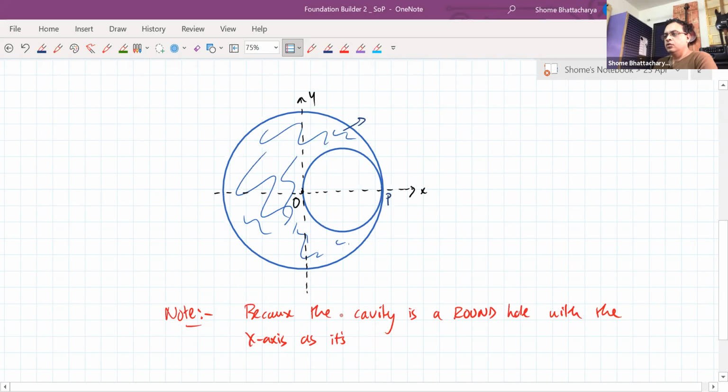Okay, so because the cavity is a perfectly round hole with the x-axis as its diameter. Sir, will it be minus r/3? Minus r/3. Okay, let's just check. What is the method you applied? You tell.